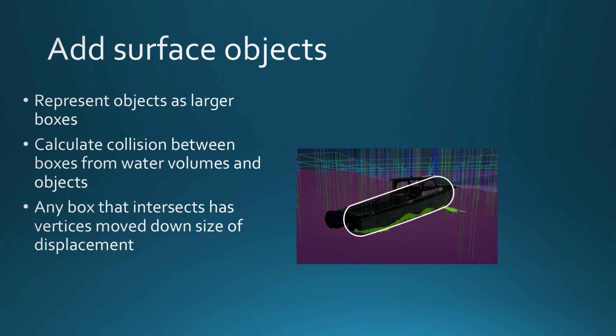So in order to do it well, you should first represent objects on the surface as larger boxes, because you don't need those small tiny details in order to calculate what's going to happen to the water. You just need this big bounding volume, box or pill or whatever.